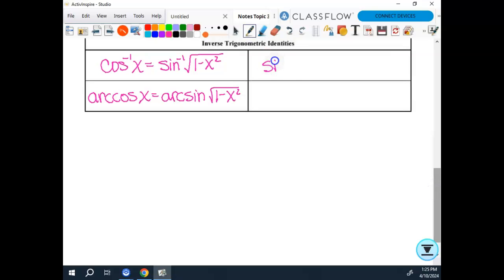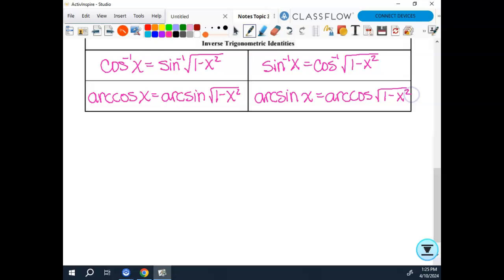So sine inverse of x is equal to the cosine inverse of the square root of 1 minus x squared. And similarly, arc sine of x equals arc cosine of the square root of 1 minus x squared.